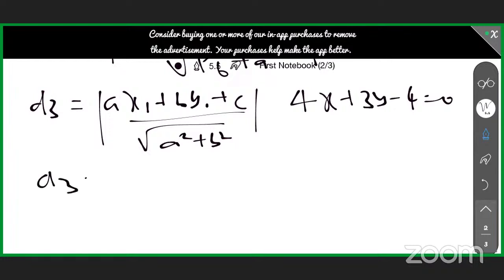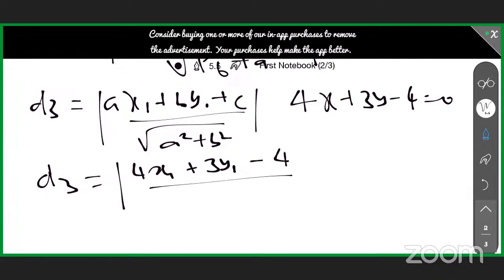Therefore, D3 is equal to mod of (4x1 plus 3y1 minus 4) divided by root of 16 plus 9, root 25, which is equal to 5.